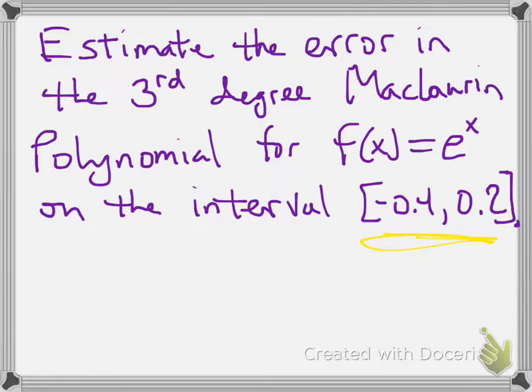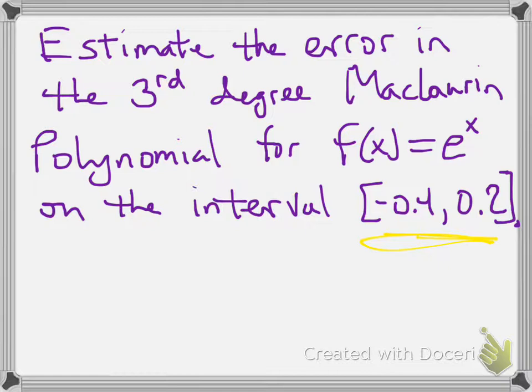This is similar to the idea that when we were using a tangent line to approximate the outputs of a function, the further the point that we were plugging into the tangent line was from the point of tangency, generally speaking, the worse the approximation was. And the closer the value was to the point of tangency, the better the approximation was.